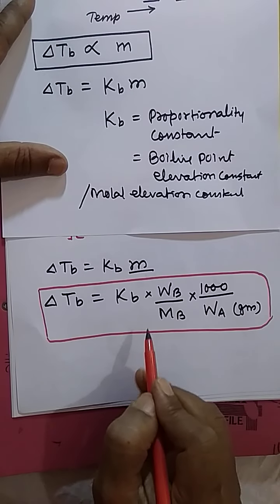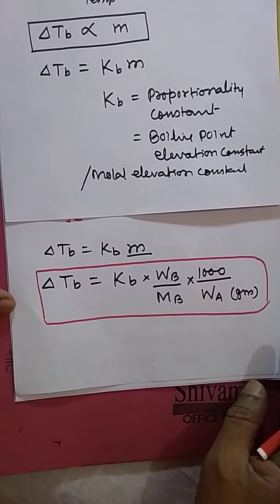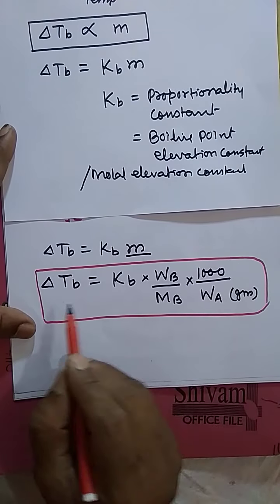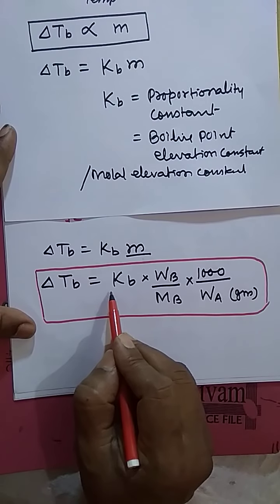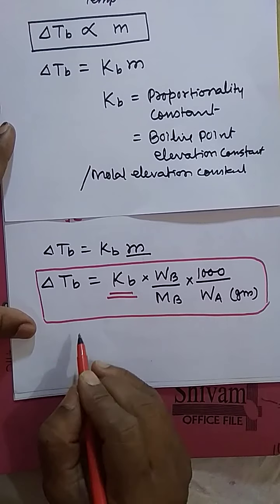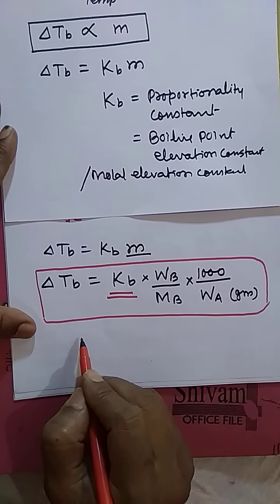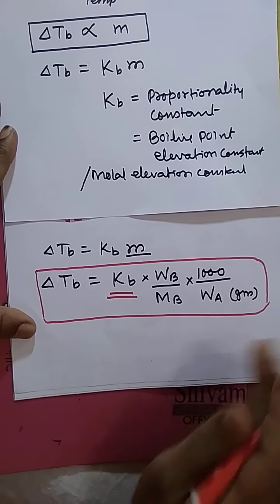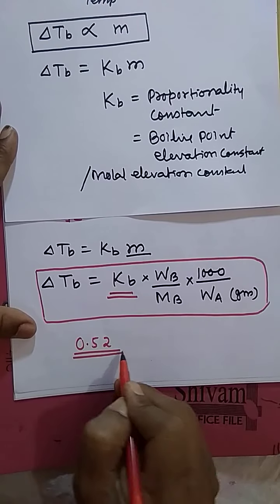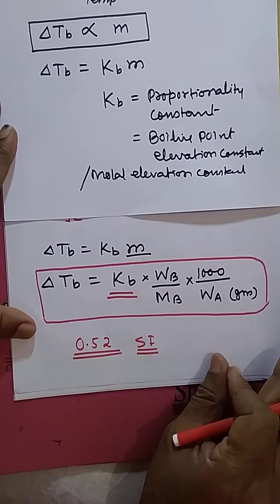If one quantity is unknown, then you can calculate that quantity. Okay friends, the Kb value is given in examination, but you should remember one or two. For water you have to remember this is 0.52, right? And you can find the SI unit of Kb.